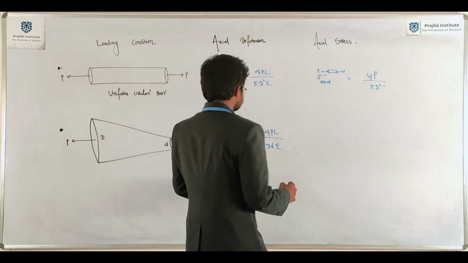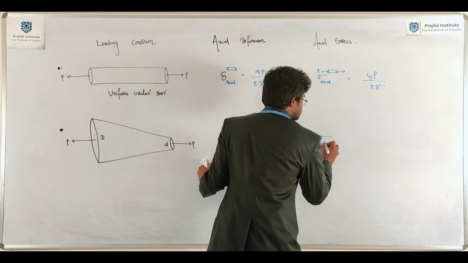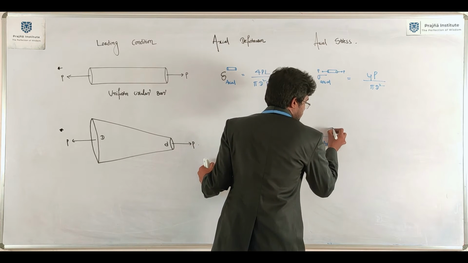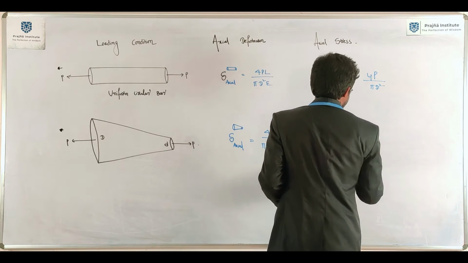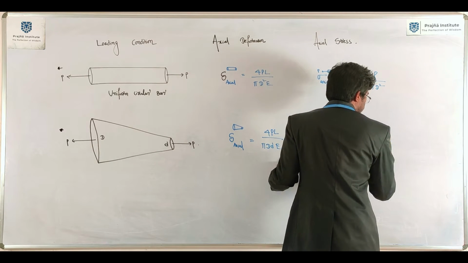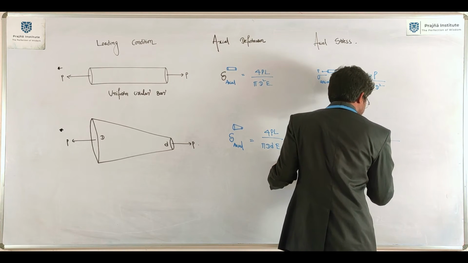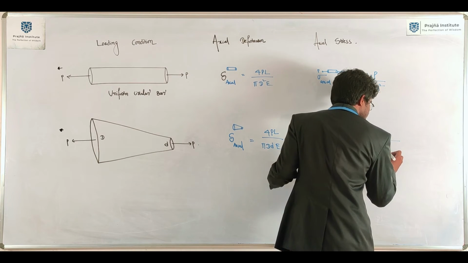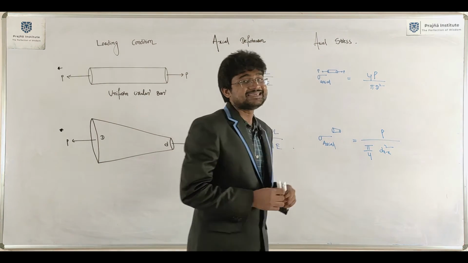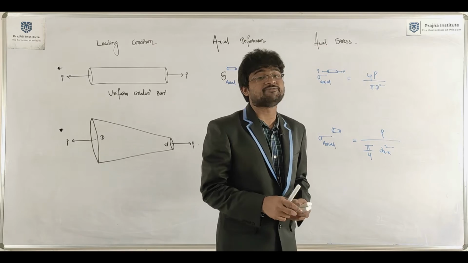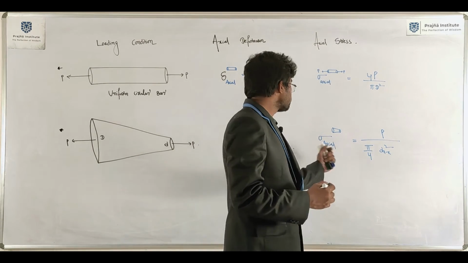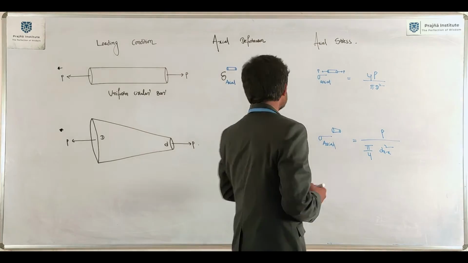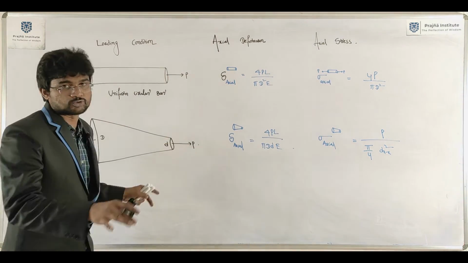Next, sigma axial in the tapered bar, here it is P by pi by 4 d(x) square. Here the cross section is continuously varying, that is why you need to write the expression for axial stress. In the uniform bar, axial stress is uniform throughout.